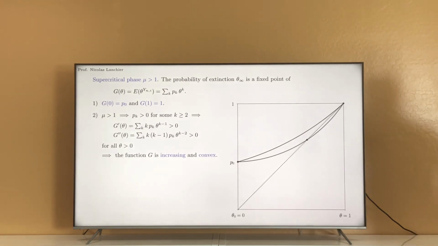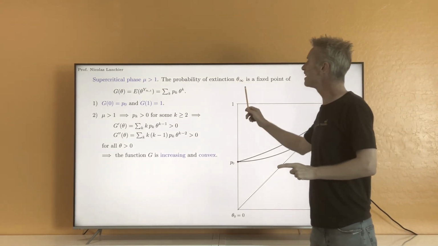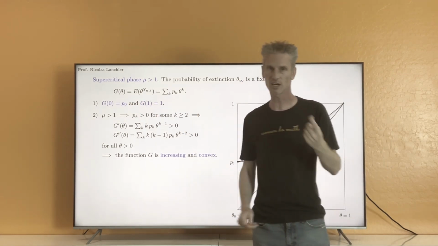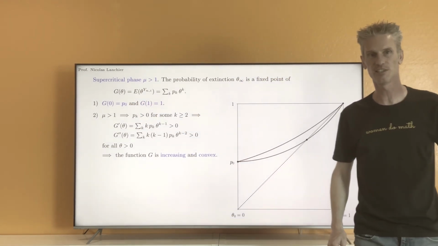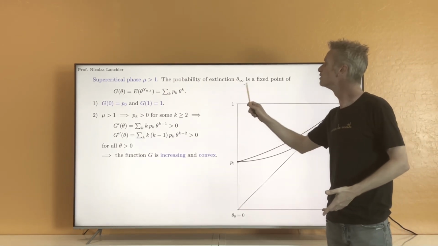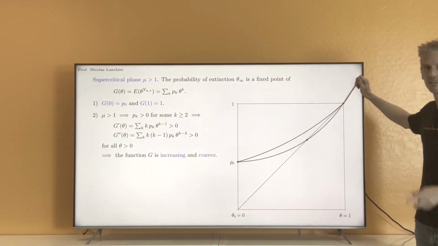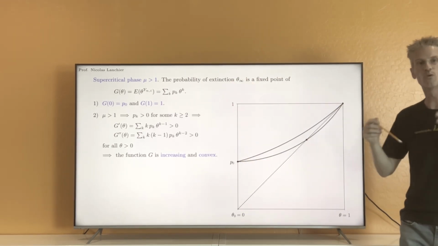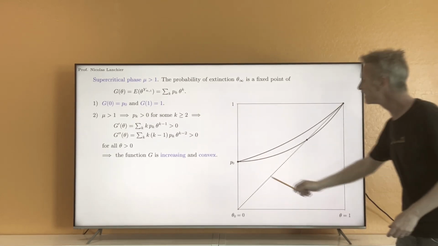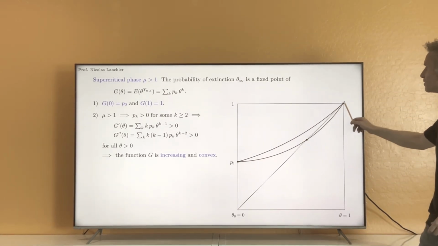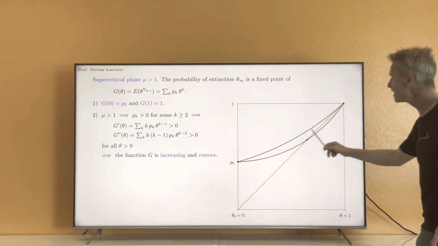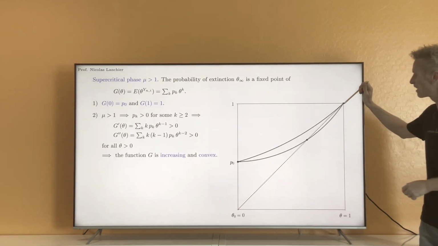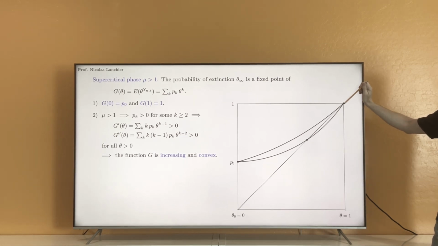Right, so because theta infinity, the probability of extinction, is a fixed point of this function, and we want to prove survival with positive probability, we want to exclude 1 as the unique fixed point of this function. So what we want to do at this point is say that the scenario at the top here, the case where your graph only intersects your straight line at point 1, is not what we want.